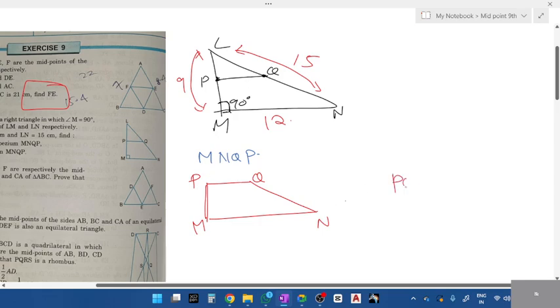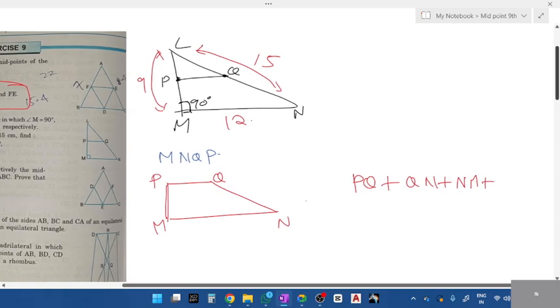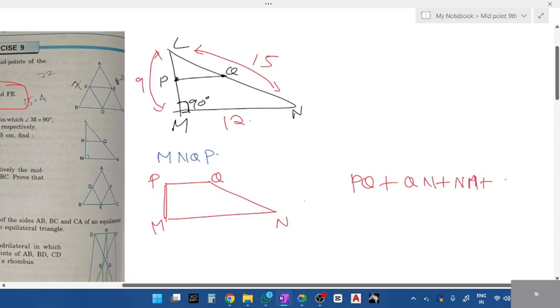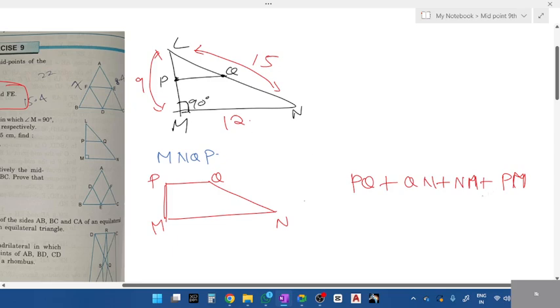Just add all four sides: PQ plus QN plus NM plus PM, right? In this trapezium, what are the values given here? Only MN value is given. What is the MN value? 12. Remaining we have to find.